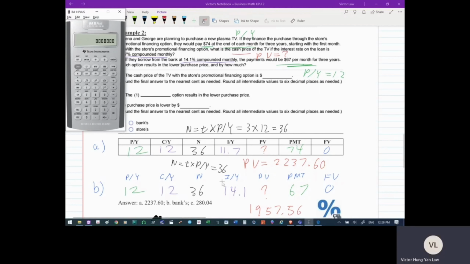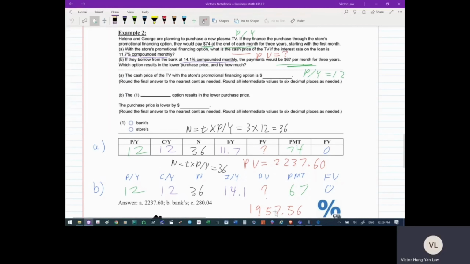And then IY is 14.1, so 14.1, and then IY. And then you press compute present value, and you're going to get 1957.56. And that's your present value for option B.